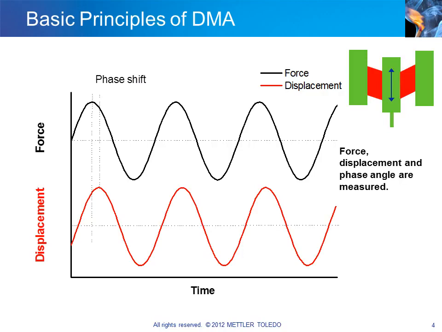The storage modulus relates to the energy stored in the material and the loss modulus to the energy dissipated in the form of heat. Tan delta is often referred to as the loss factor or damping factor. It is a measure of how well a material dissipates energy.